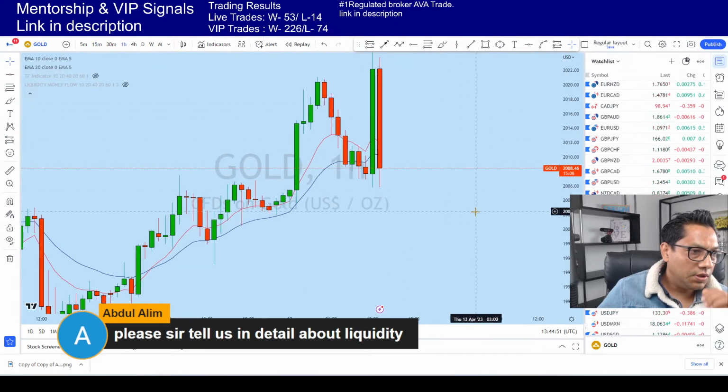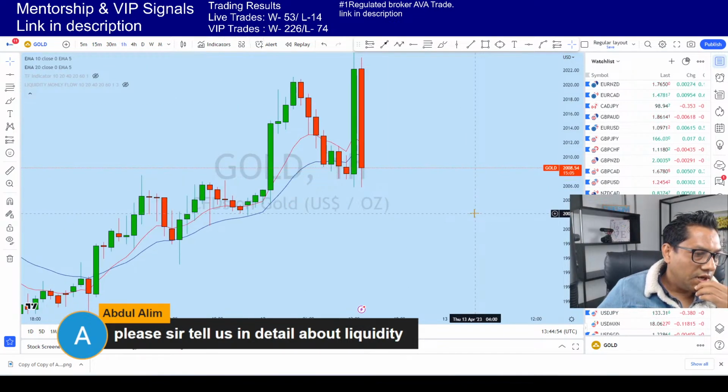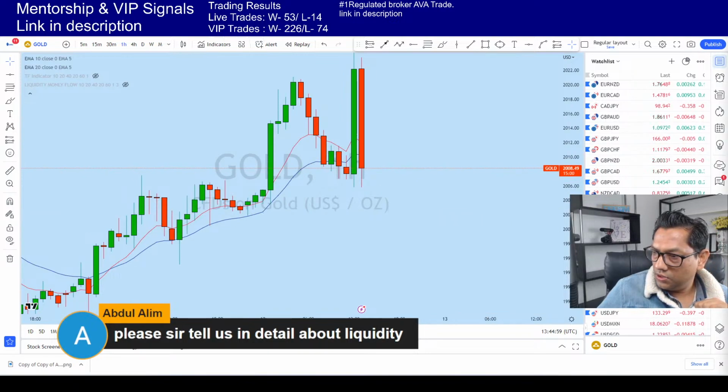Okay, we'll see now upward movement. Let me see how this 1-hour candle is closing. It's very crucial to see.